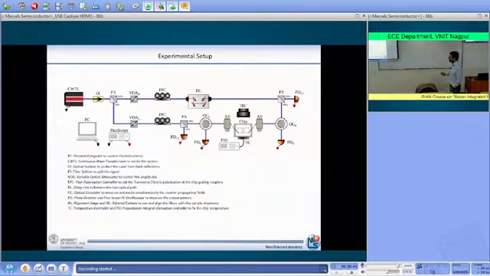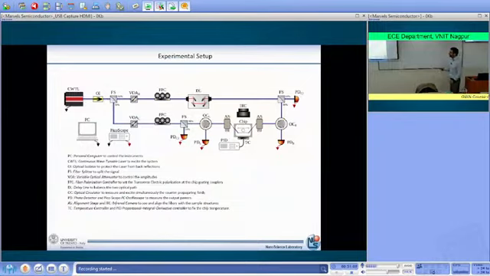The input light is divided in two parts. One part goes through this arm here, another part goes through this second arm there. Then we have a variable optical attenuator, VOA, that is used to control the power that is inserted into the microring resonator.